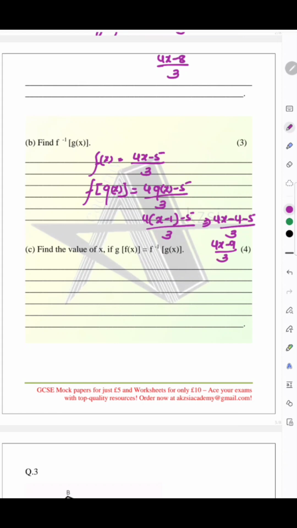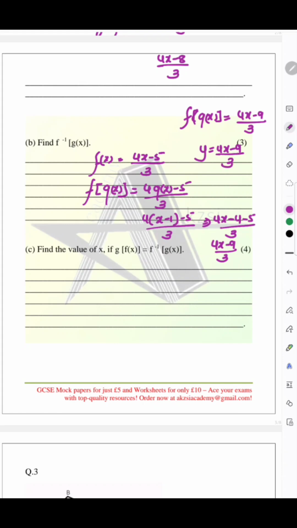Now we have to find the inverse. So f of g of x is (4x minus 9) over 3. To find the inverse, let me replace it with y, which makes it easier. So y is (4x minus 9) over 3, and now I have to make x the subject.